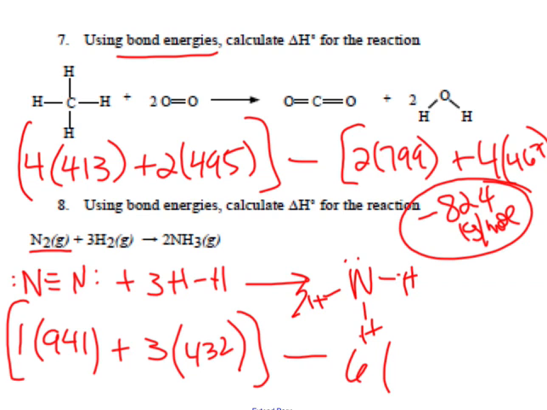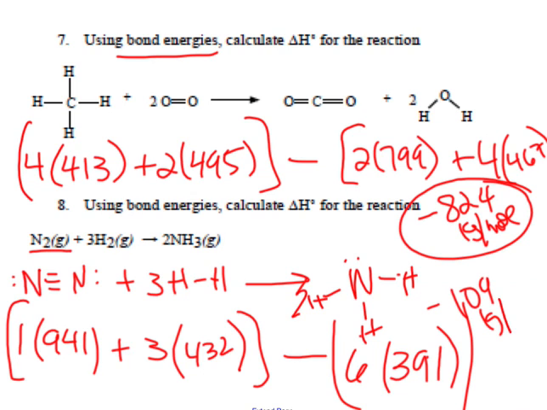So N to H is 391. All right, so let's go ahead and calculate our delta H, broken minus formed. Negative 109, yep. Negative 109 kilojoules per mole. And that is our delta H for that reaction.